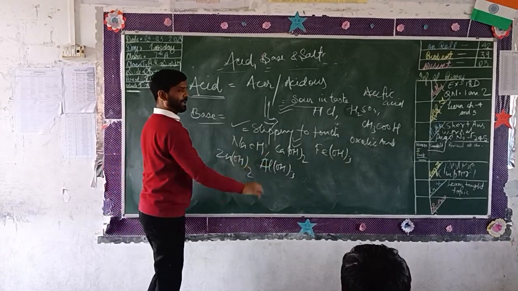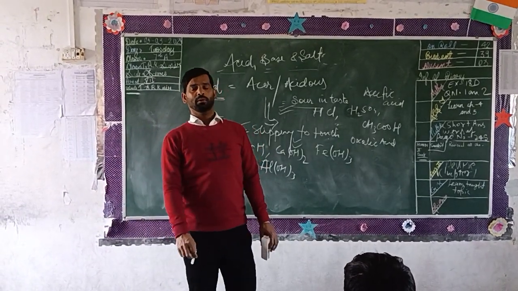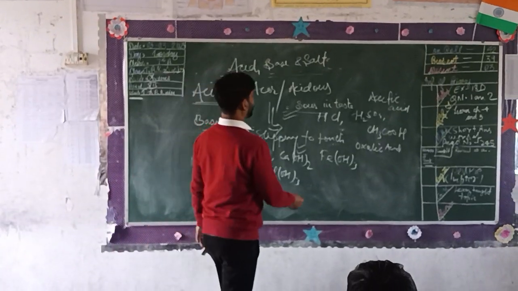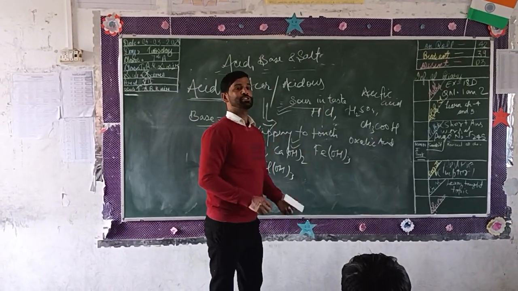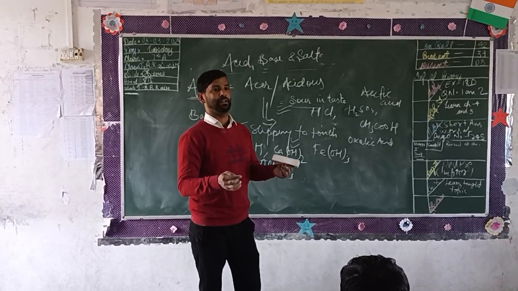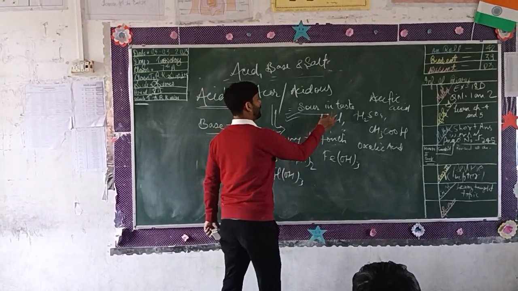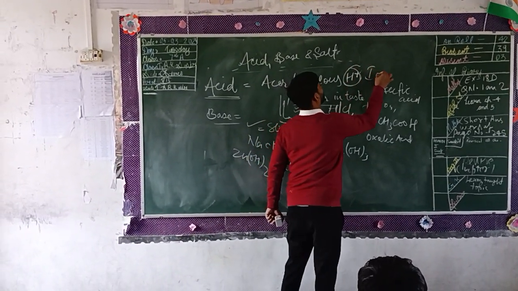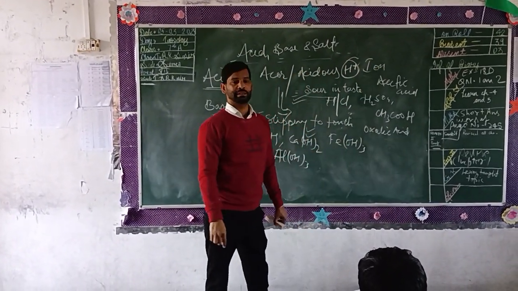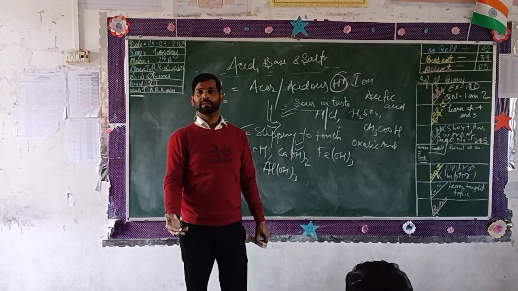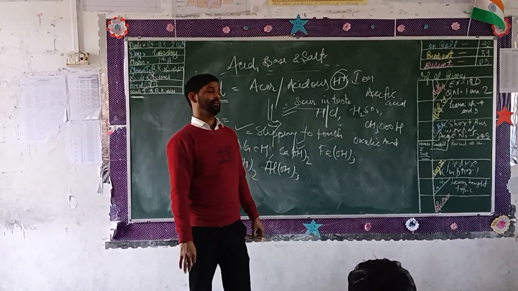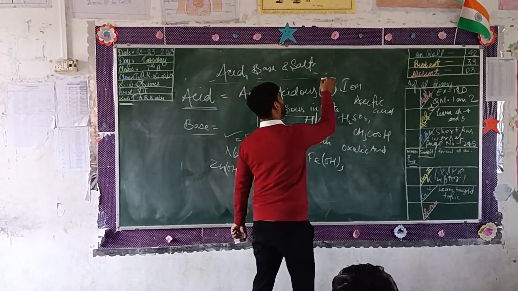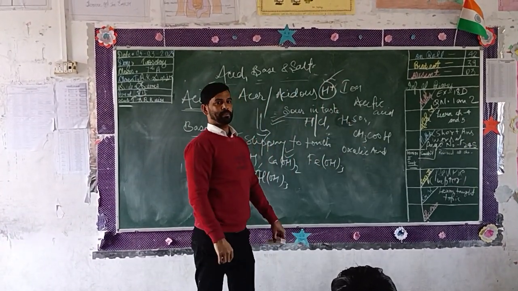So what will happen actually when we are talking about acids? In other words, acids can produce H+ ions, that is, hydrogen ions. When an acid is dissolved in water, it can produce H+ ion.